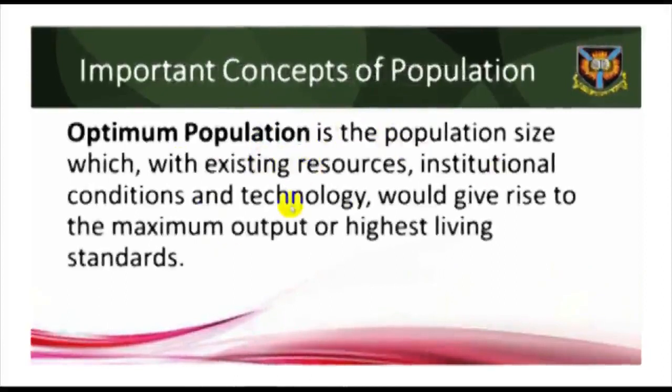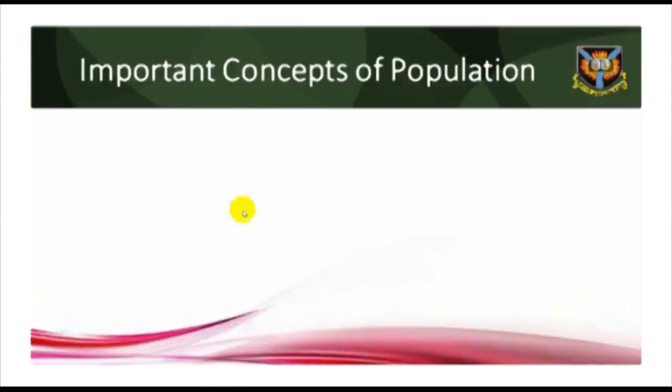Important concepts of population. Optimum population. This is the population size which, with existing resources, institutional conditions and technology, would give rise to the maximum output or highest standard of living. Overpopulation.